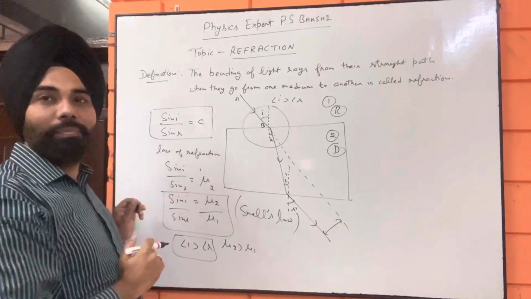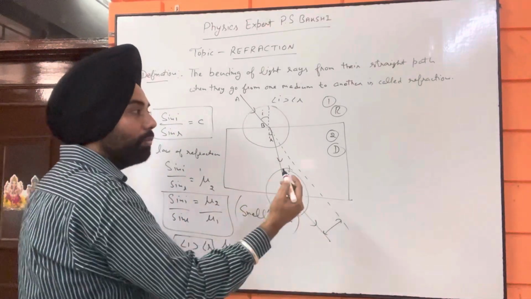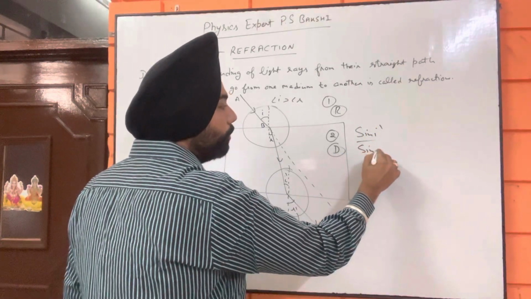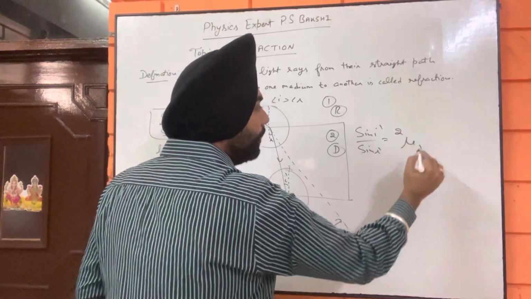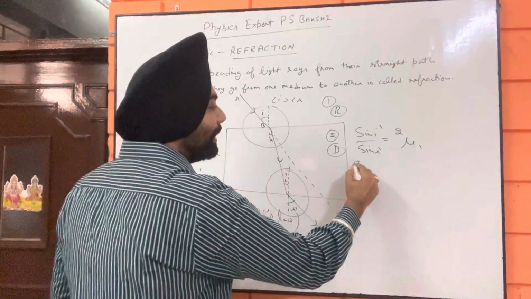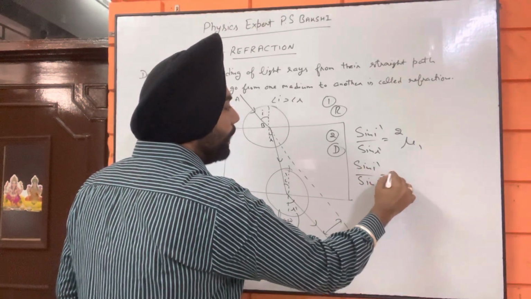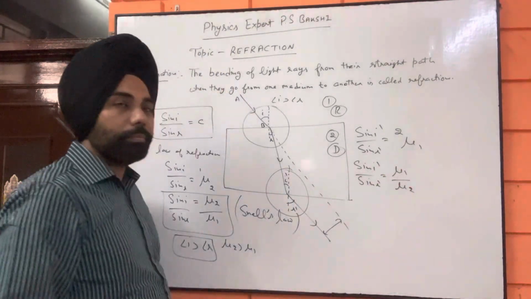Now in the reverse case, we have sin i dash over sin r dash, with the ray of light coming from the second medium to the first. That can be written as sin i dash over sin r dash, the refractive index of the first medium with respect to the second.